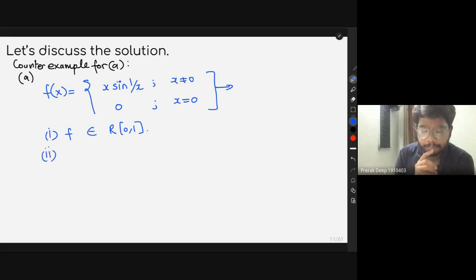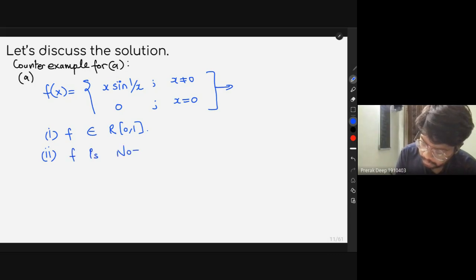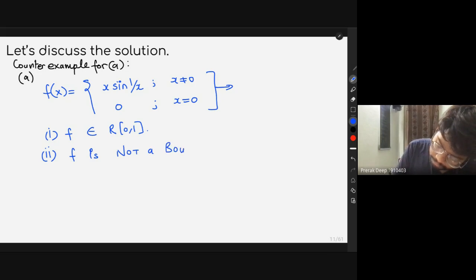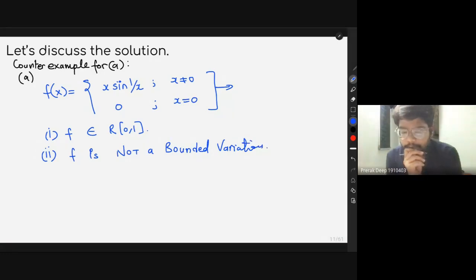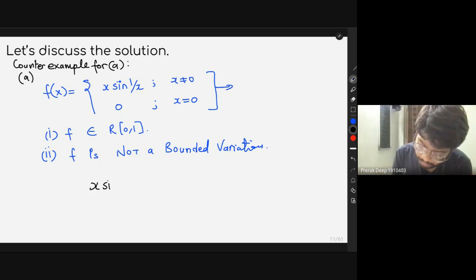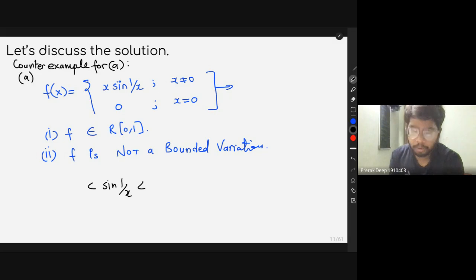And the second is that f is not of bounded variation. f is Riemann integrable because of this sin(1/x); sine is a bounded function, so it is bounded in this domain. You can say it is bounded between 0 and 1, correct?